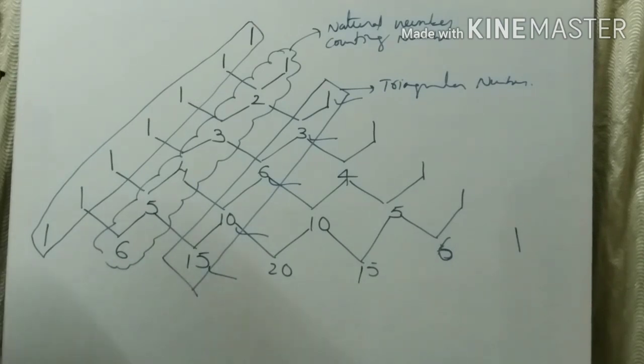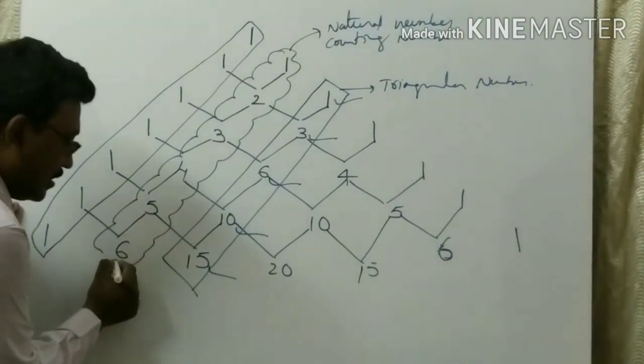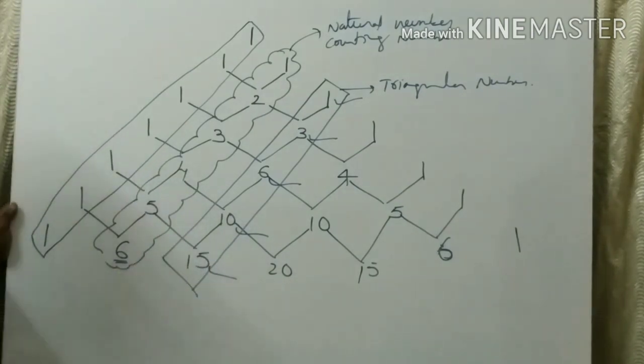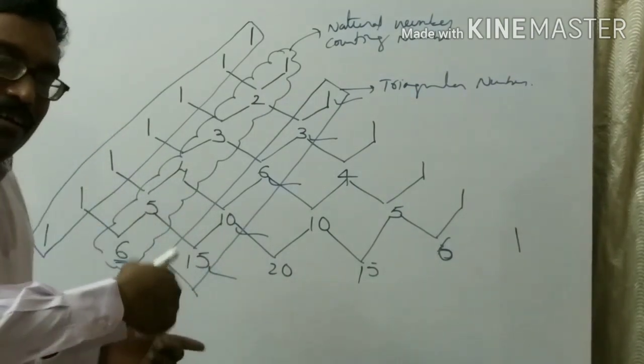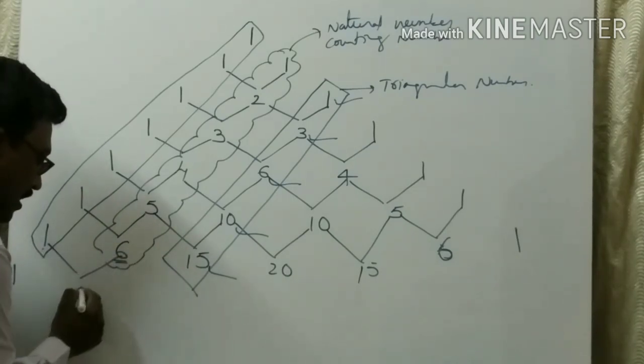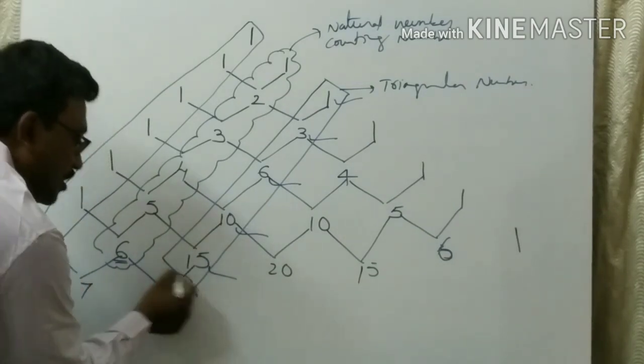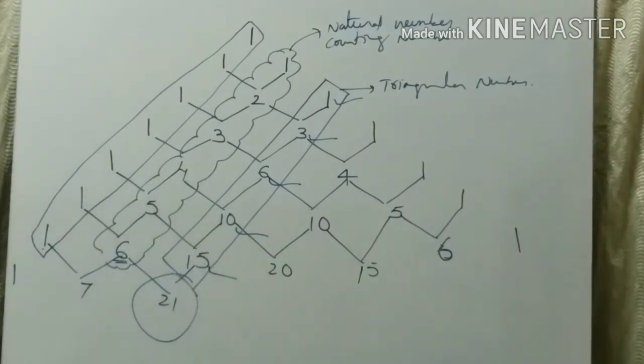So keep on like this. If you write, then what will be the next one? Here, 6. If you add to it, you will get the next one. Extremes are 1. 1 plus 6, 7. 6 plus 15, 21. So 21 is the next triangular number.